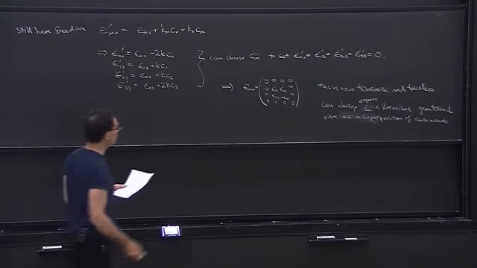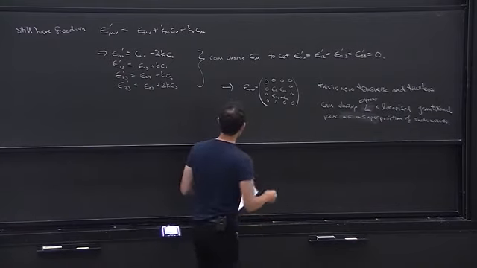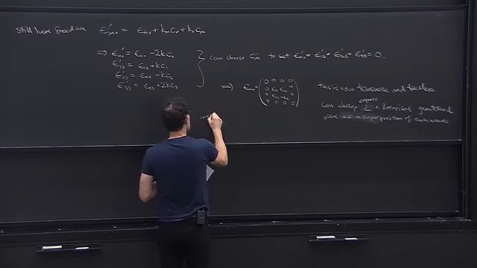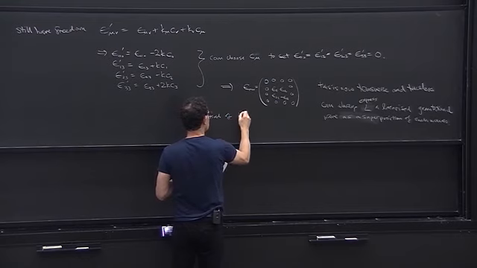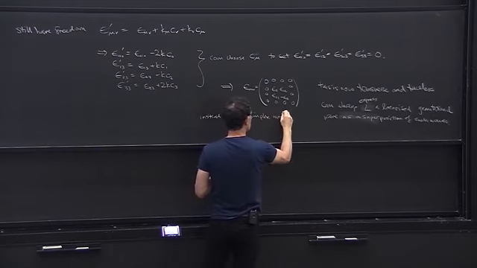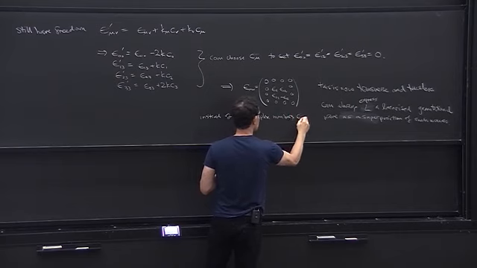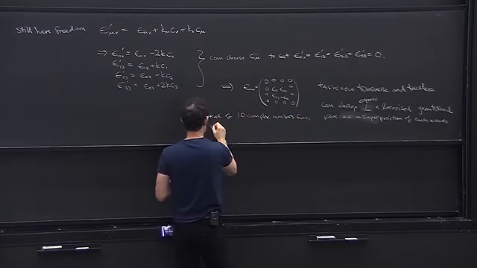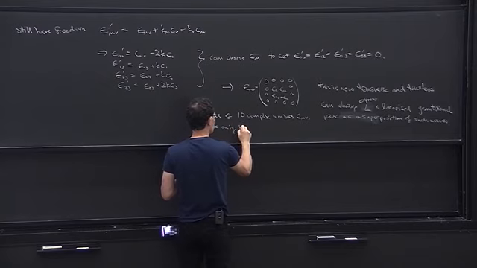So instead of 10 complex numbers, epsilon mu nu, we only have 2.